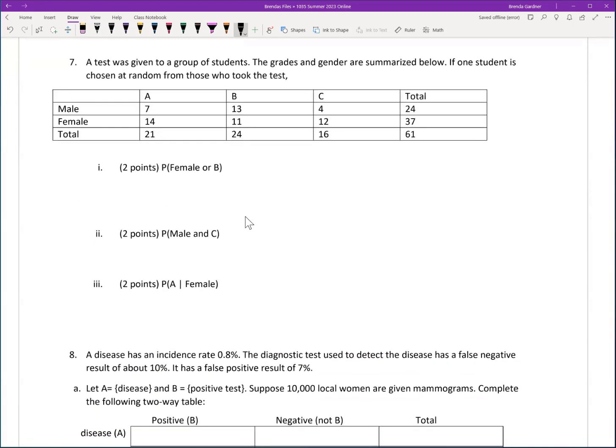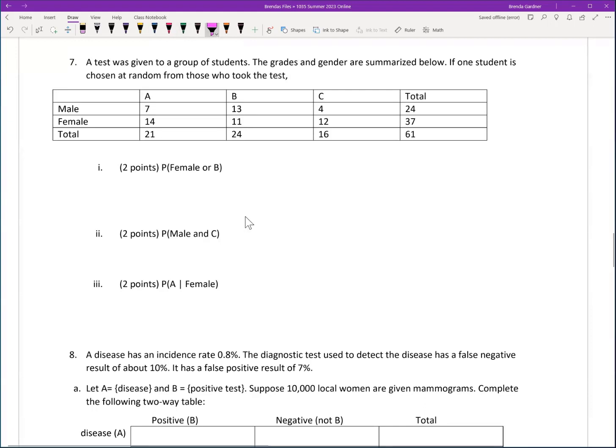Question number 7. A test was given to a group of students. The grades and gender are summarized below. If one student is chosen at random from those who took the test, part 1, find the probability that the student was female or got a B. With an or statement, you want to think about all, one or the other.